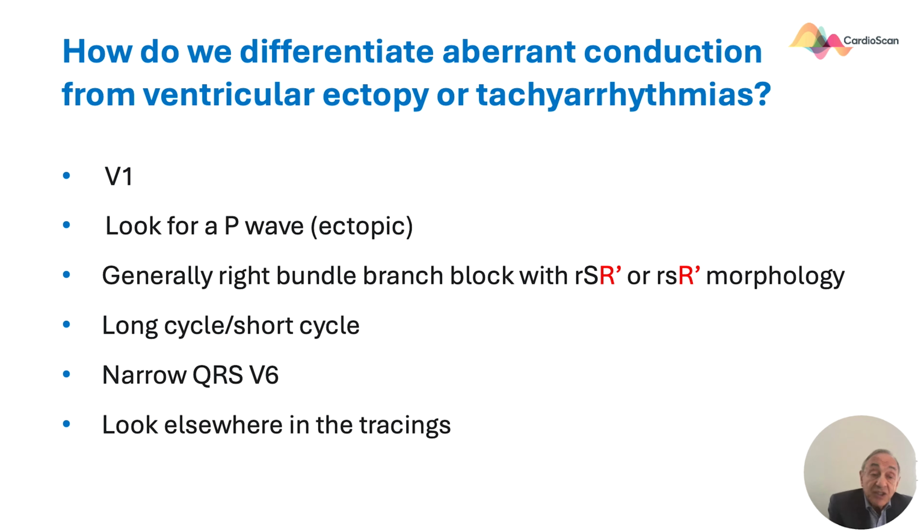We look for generally the right bundle branch block aberration with the uppercase R prime morphology. We look for long cycle, short cycle, and we look for a narrow QRS in V6, which helps differentiate it from ventricular tachycardia, which is usually a much broader QRS. And of course, we look elsewhere in the tracings.